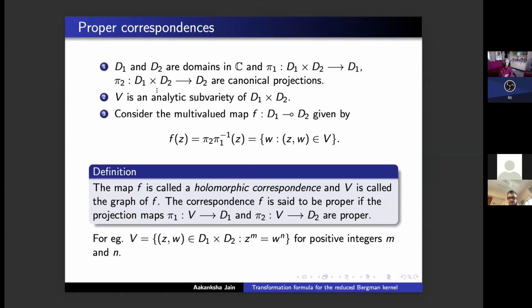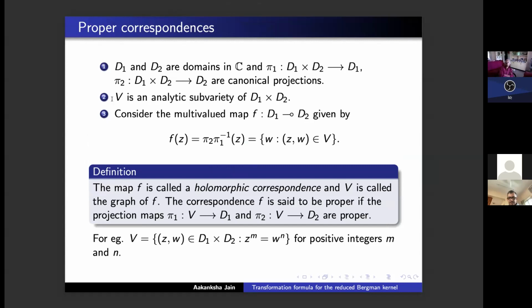So now we'll recall proper holomorphic correspondences. For that, let D1 and D2 be domains in C, and pi1 from D1 cross D2 to D1, and pi2 from D1 cross D2 to D2, be the canonical projections. So pi1 is the projection onto the first coordinate, and pi2 is the projection onto the second coordinate.